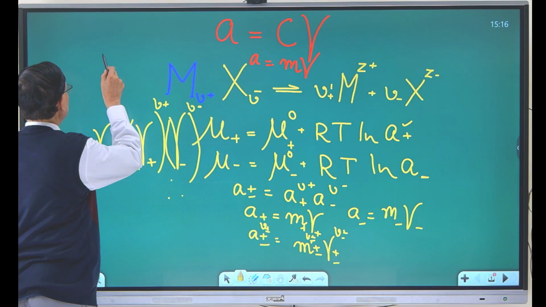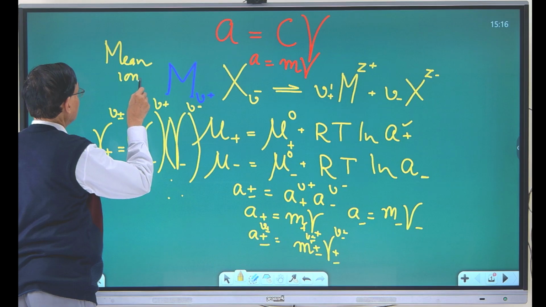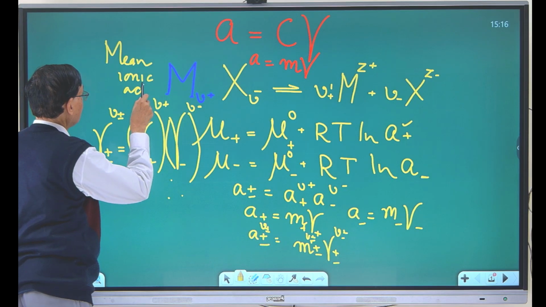So this is actually the mean ionic activity, which we have to determine.